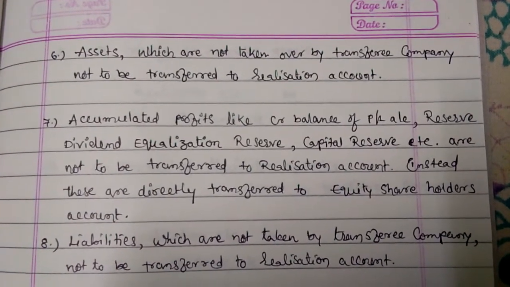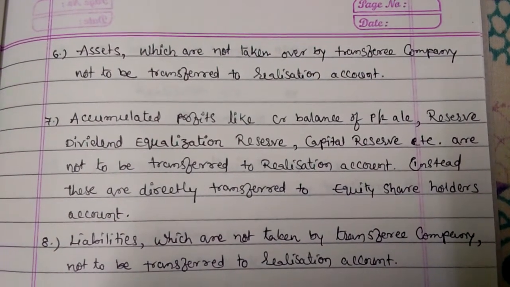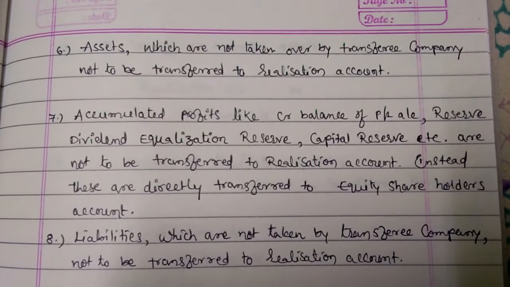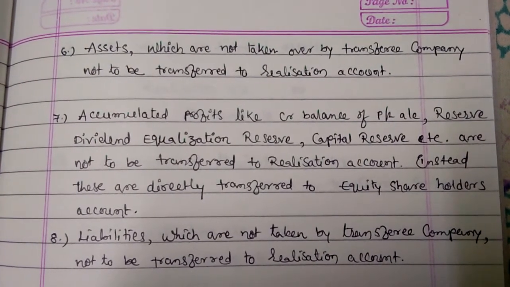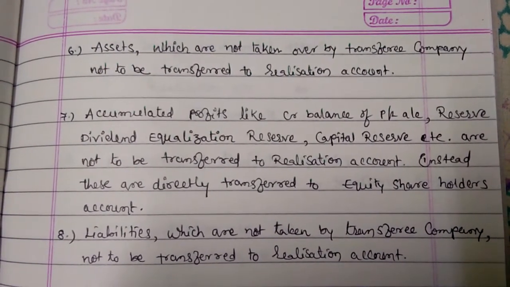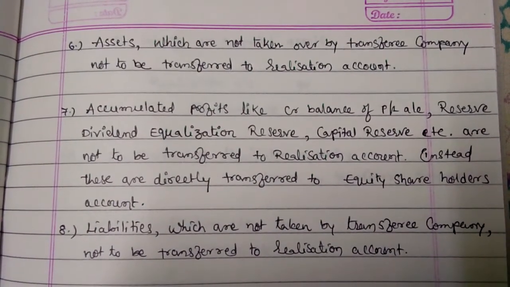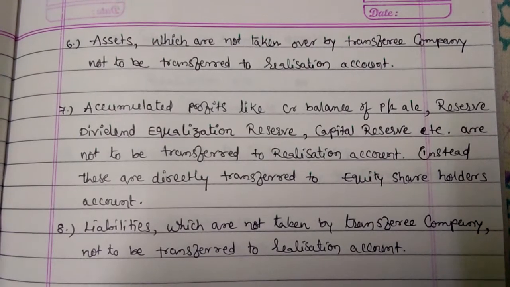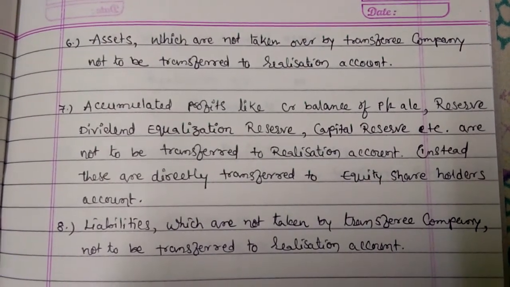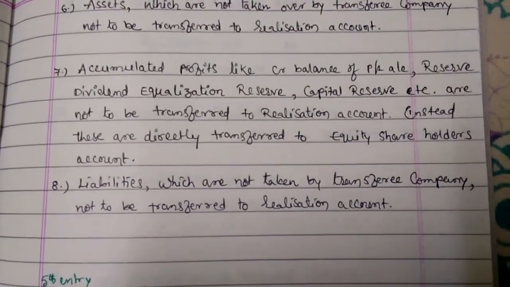Next, assets which are not taken over by the transferee company are not to be transferred to the realization account. Sometimes the transferee company does not take certain assets, so these are not transferred to the realization account.